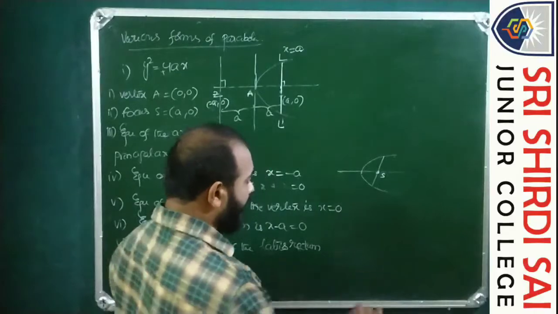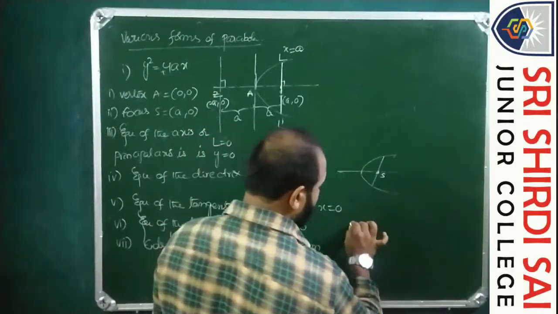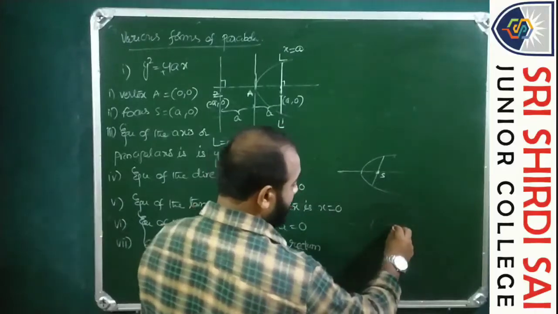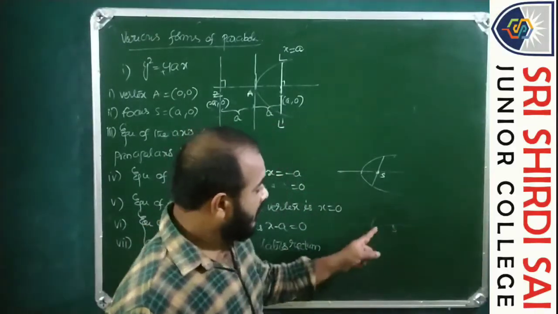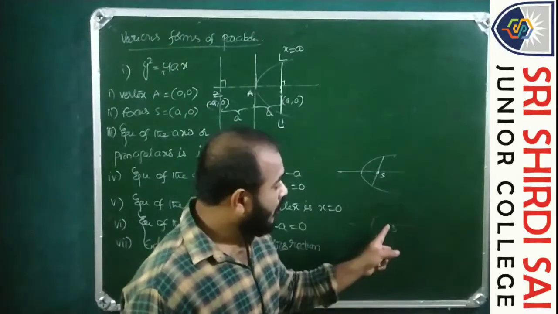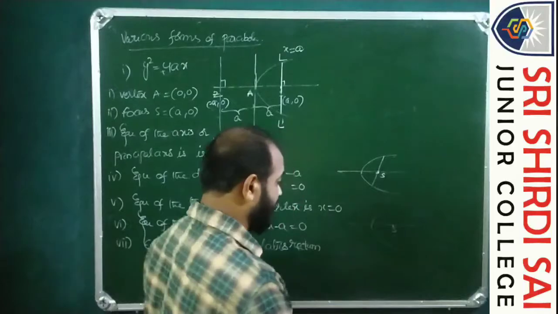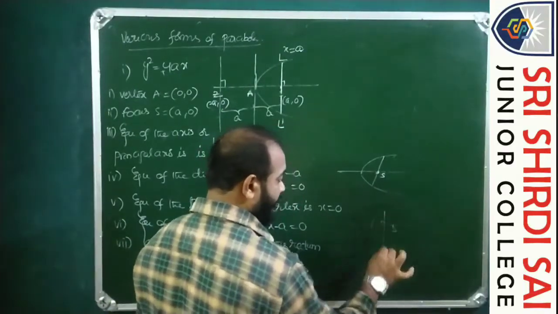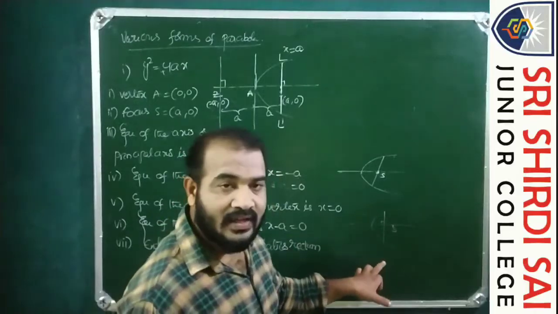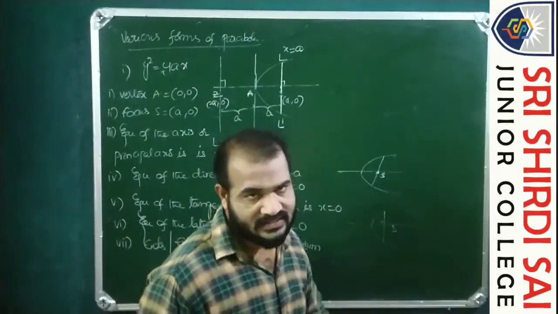Now the double ordinate: if you take a parabola and this is the axis, this is our focus, the line or chord which is perpendicular to the principal axis is a double ordinate. This line is clearly perpendicular to the principal axis.